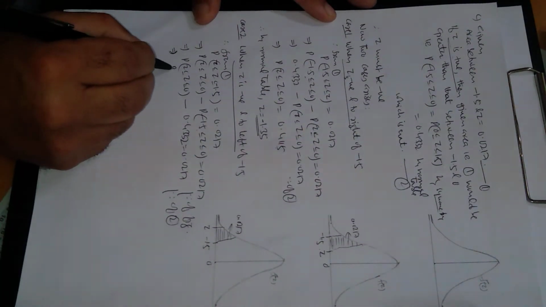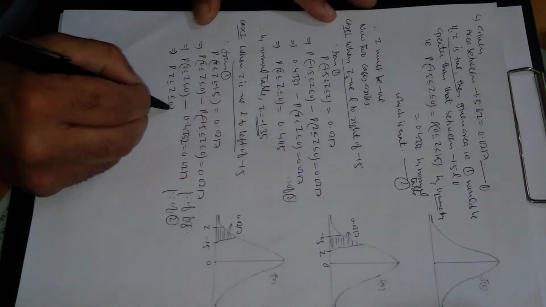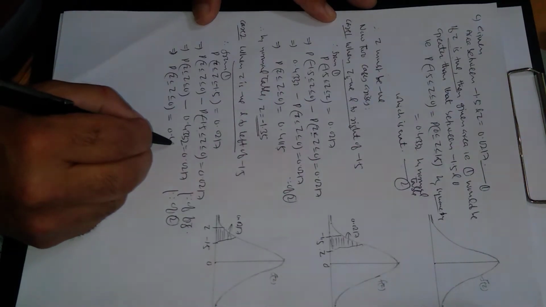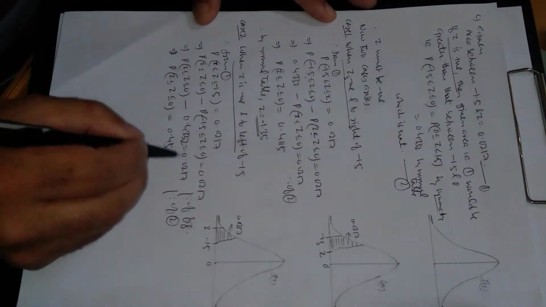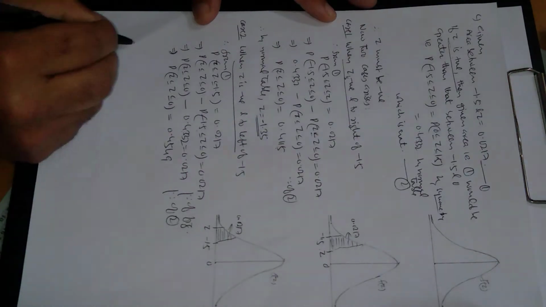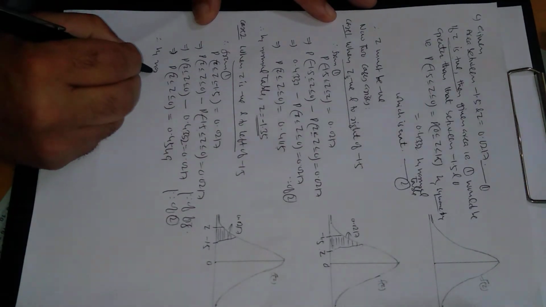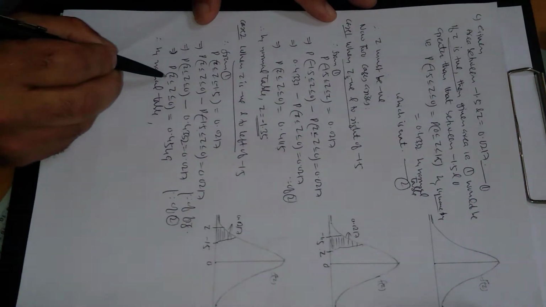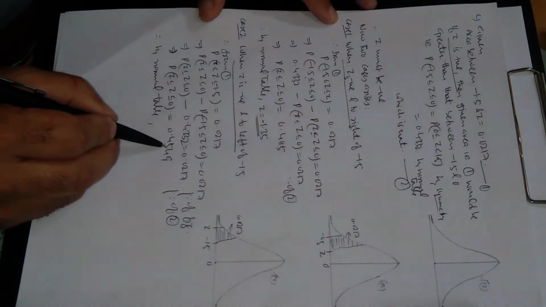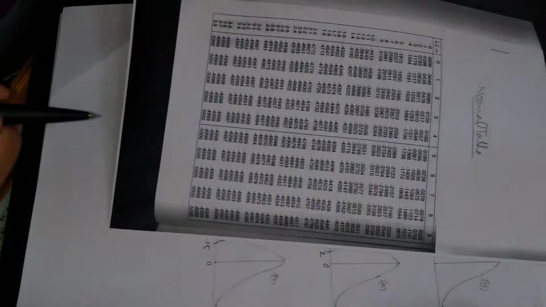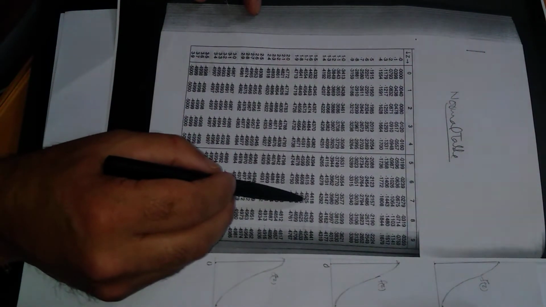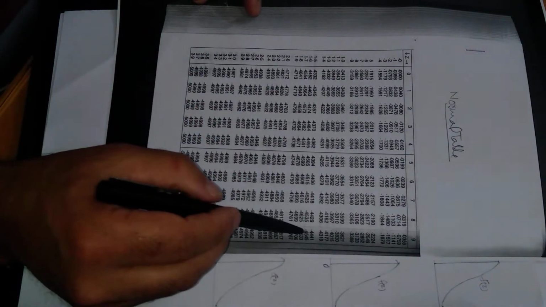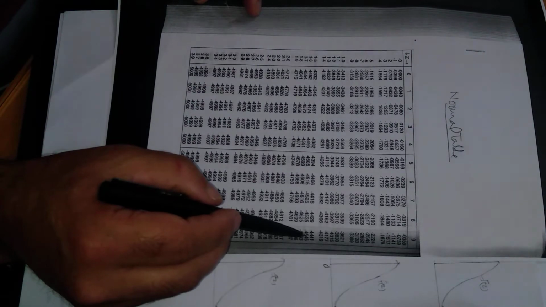So probability z less than capital Z less than 0 will be 0.4549. Therefore, from the normal table we have to find the value of this small z such that the probability is 4549. 4525, 4545, 4554, but the nearest value to 4549 is 4545.